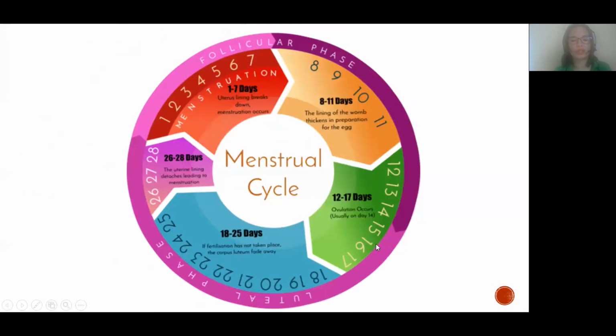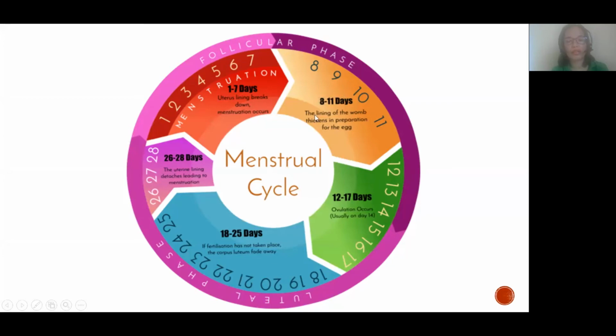Okay, so this is the typical diagram showing the menstrual cycle. Normally a person bleeds 2 to 7 days. That's the normal. So on the menstruation days, the uterus lining breaks down and menstruation occurs.